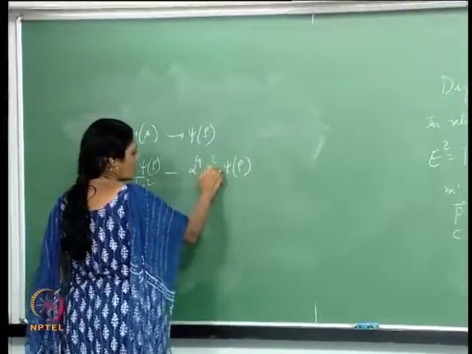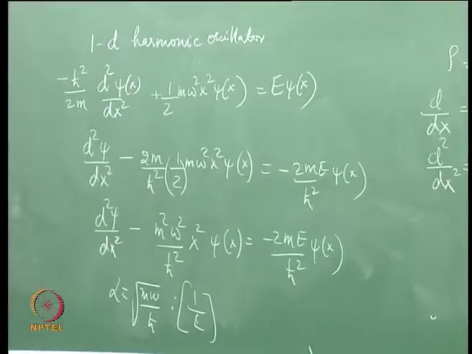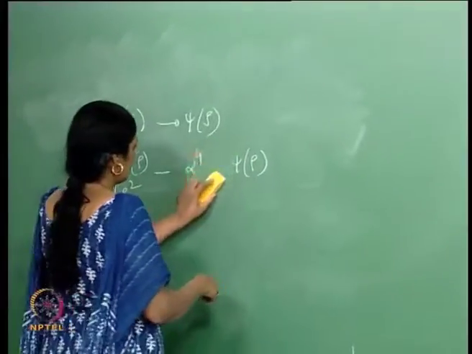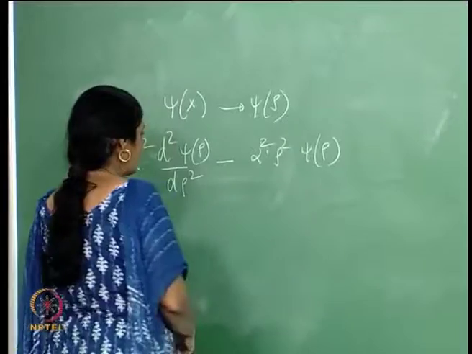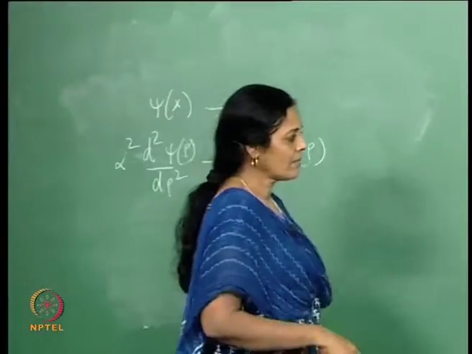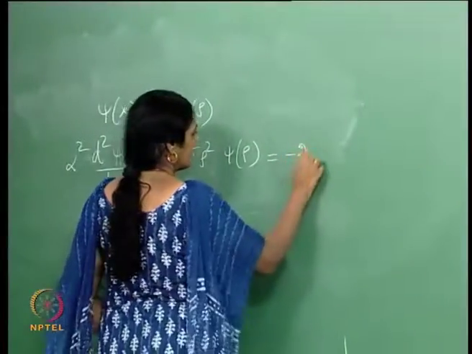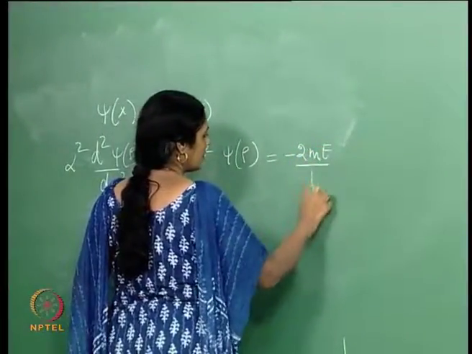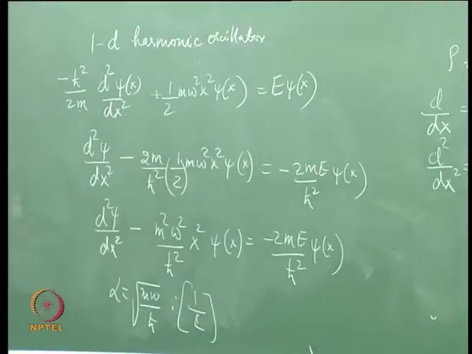I have to write this also in terms of rho, which I will, because rho is alpha x. So, x squared is rho squared by alpha squared. So, I have that equal to minus 2 m E by h cross squared psi of rho. That is what we have.